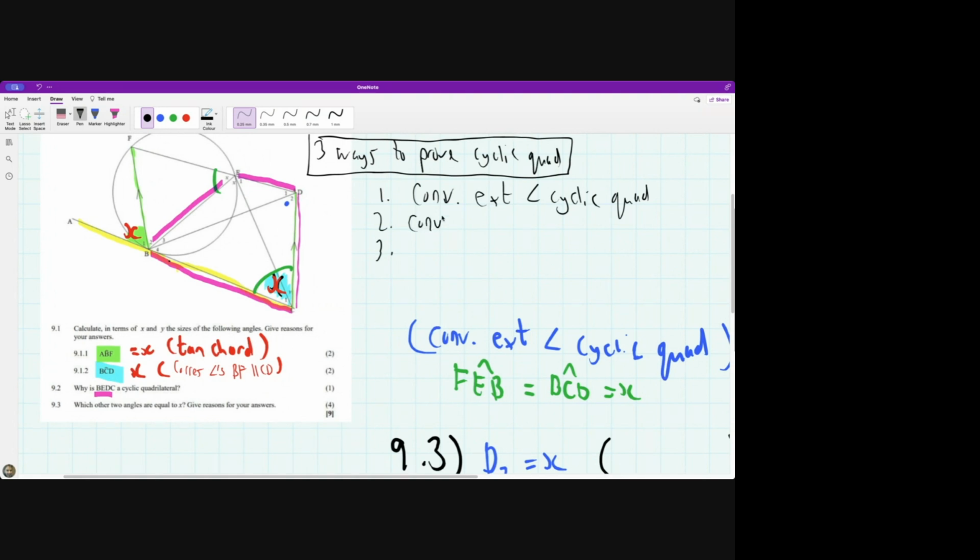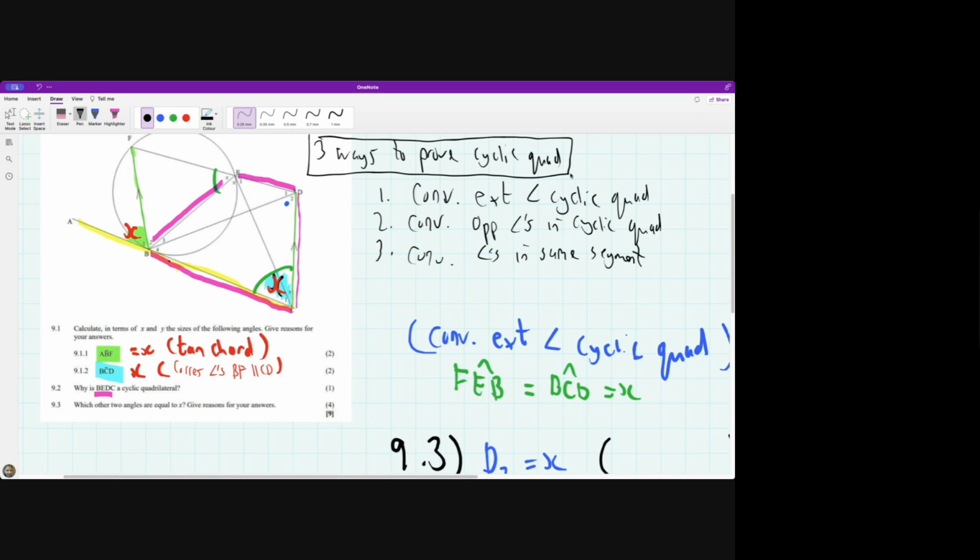You can say converse opposite angles in cyclic quad, or we could say converse angles in same segment.